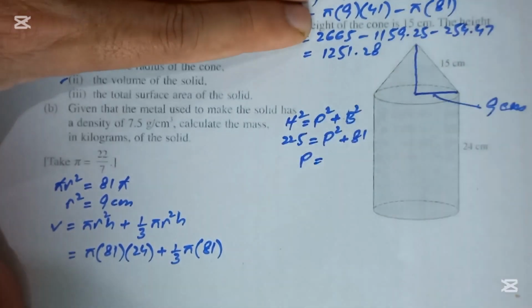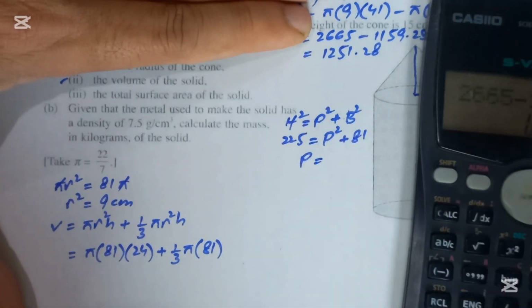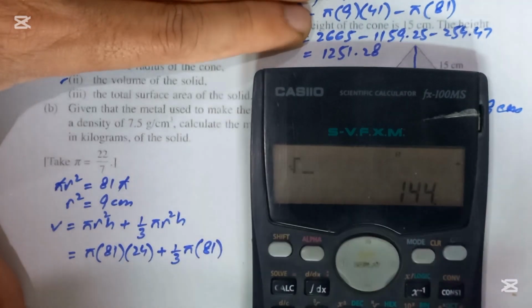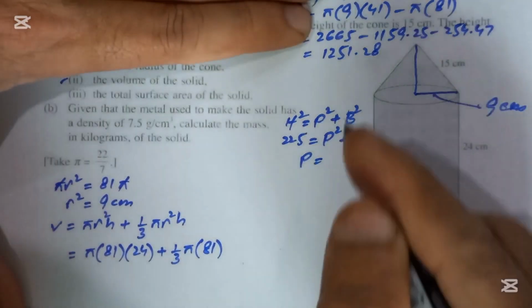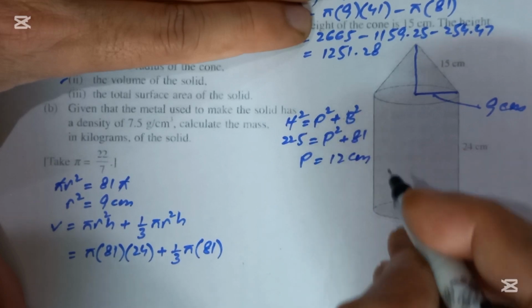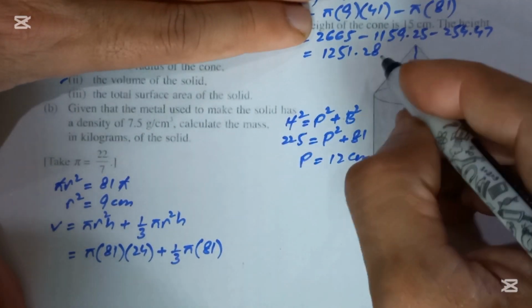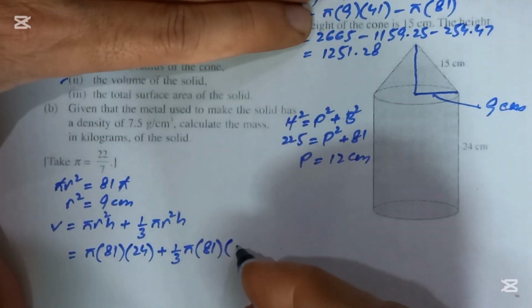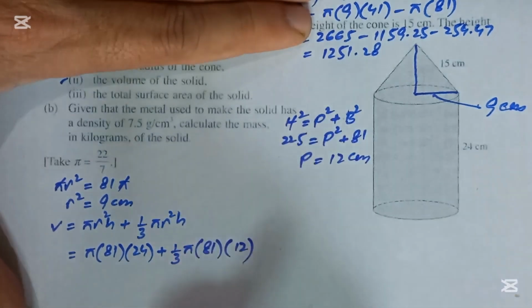And from here we will find the perpendicular. Like 225 minus 81 equal to, take the square root of this value directly. So 12 is the perpendicular. So this is the height of the cone, and apply the value 12 here.